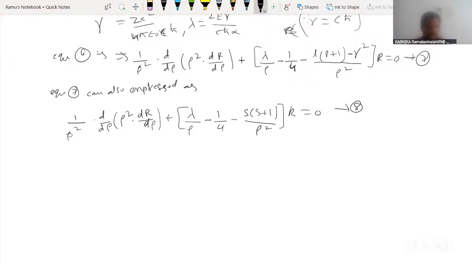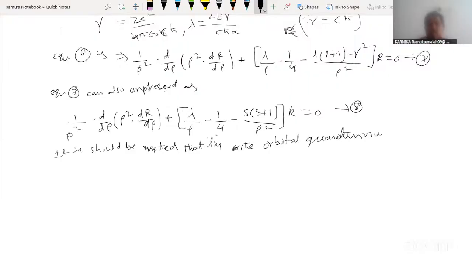It should be noted that L is the orbital quantum number and S is the spin quantum number.